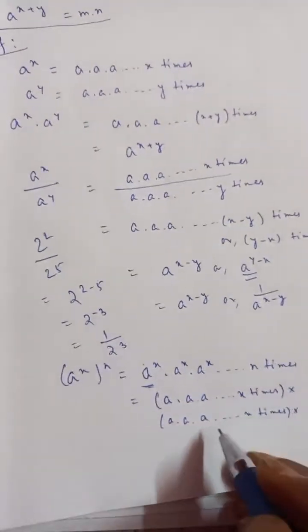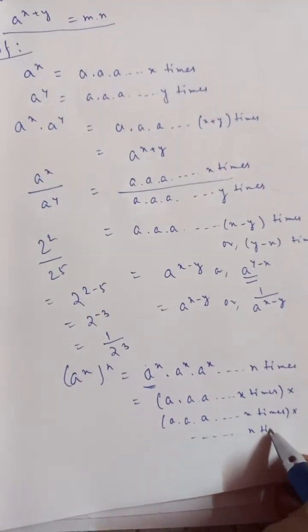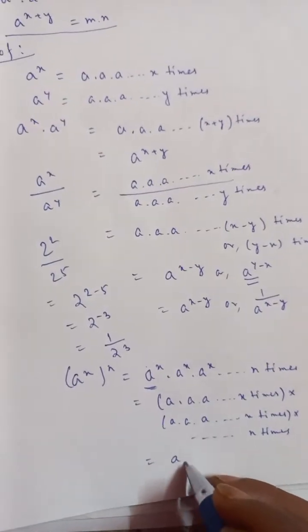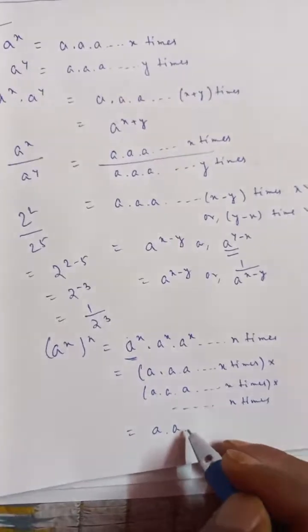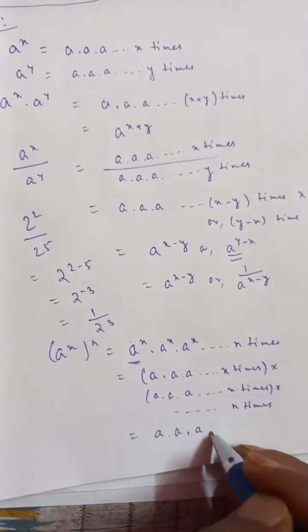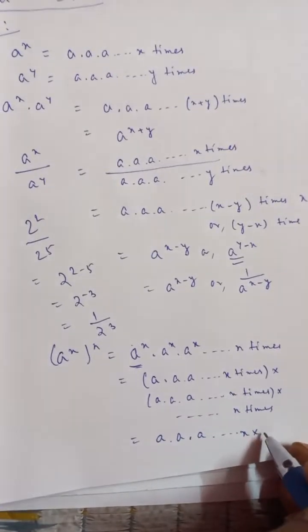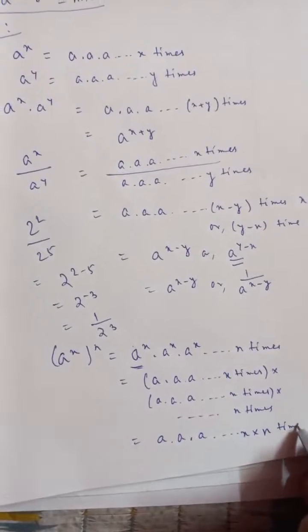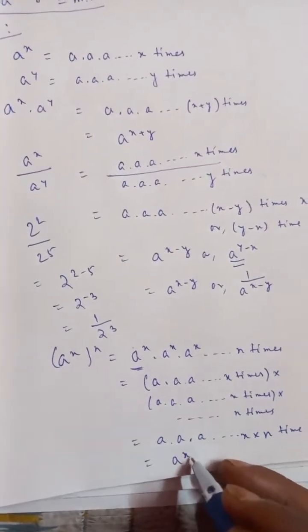In this way we can continue up to n times. This will be a multiplied a up to x multiplied n times. So this will be a to the power x multiplied n.